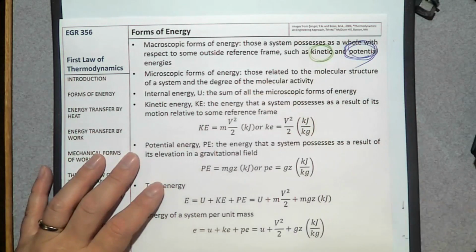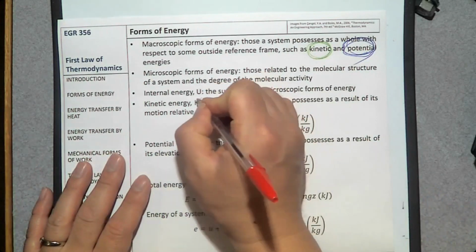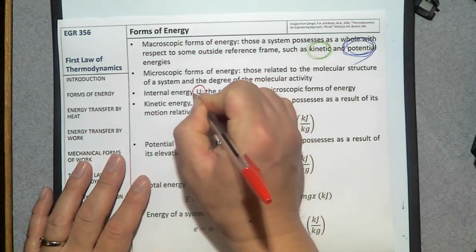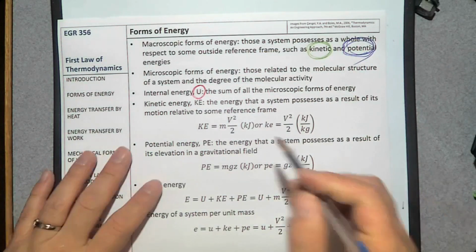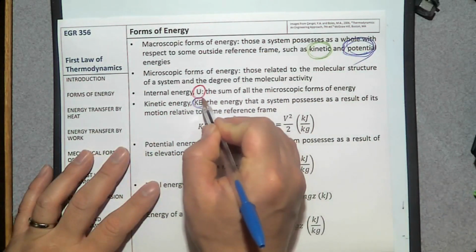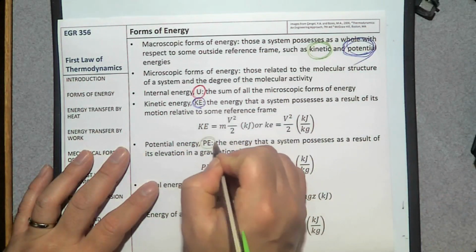We use this capital U for microscopic forms of energy, in other words, internal energy, the sum of all the microscopic forms of energy, and KE for the kinetic energy, and PE for potential energy.